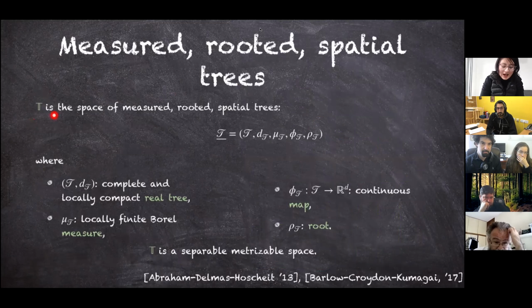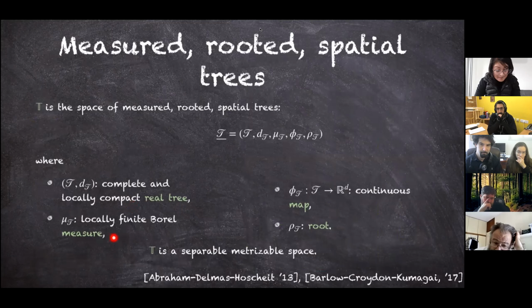So I'm going to call this space T. And these are all the elements, of course. Here I'm not thinking in random terms. This is just a space of metric spaces that has this structure: the metric space is actually a real tree, is locally compact. So of course the tree is not compact, I will only ask that it is locally compact.